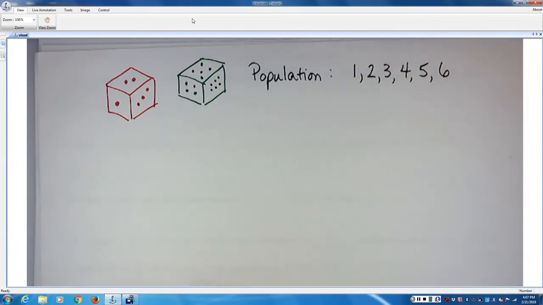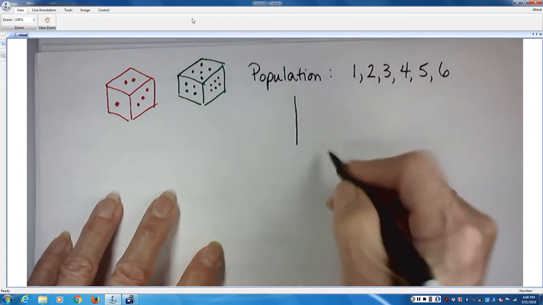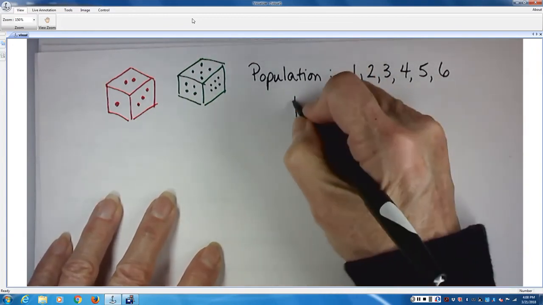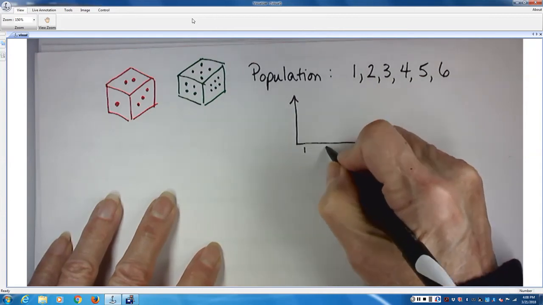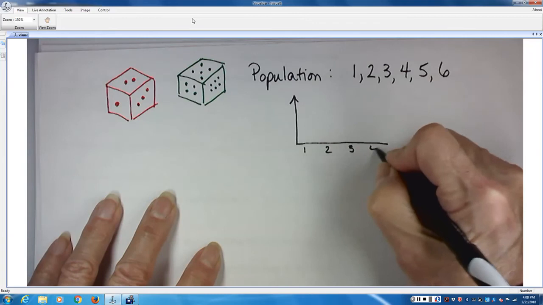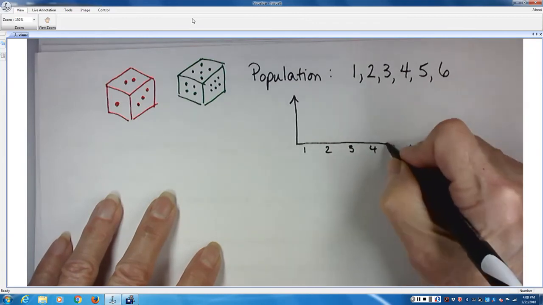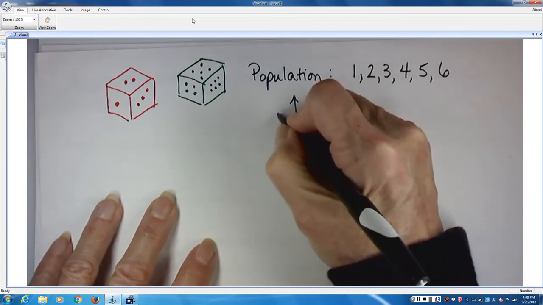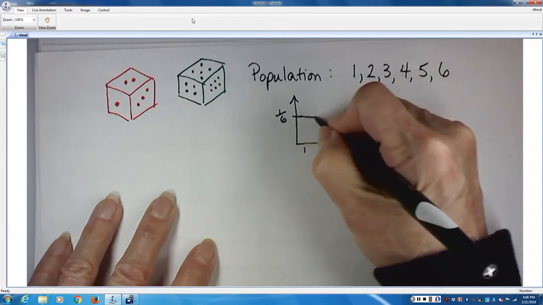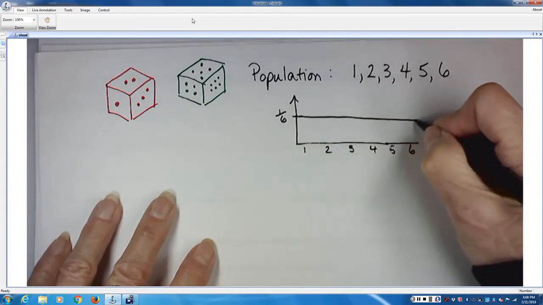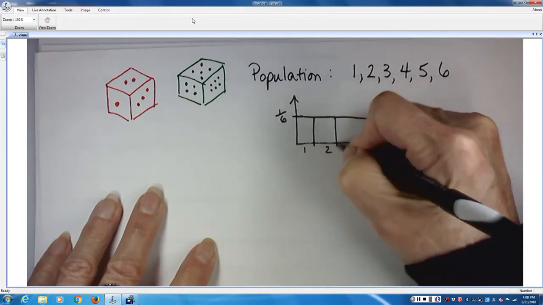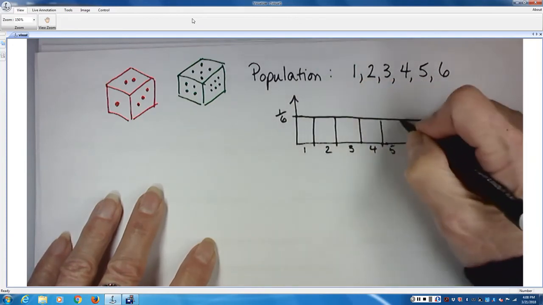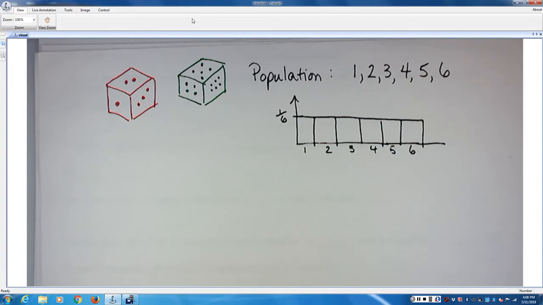And because of what you know about probability, if I did a probability graph, or something called a probability histogram, that's what it would look like.